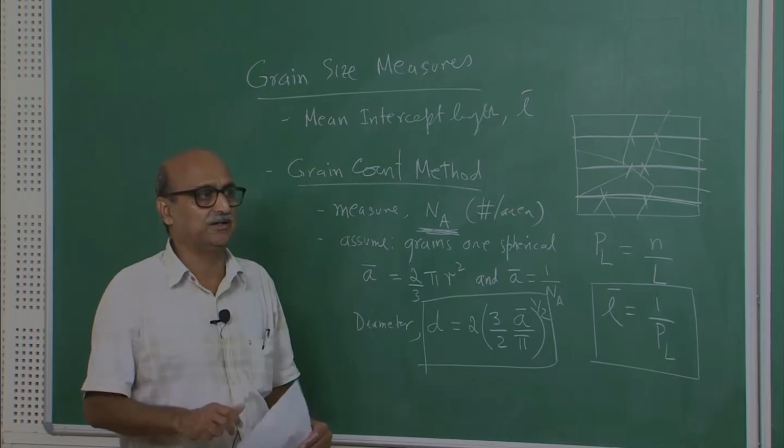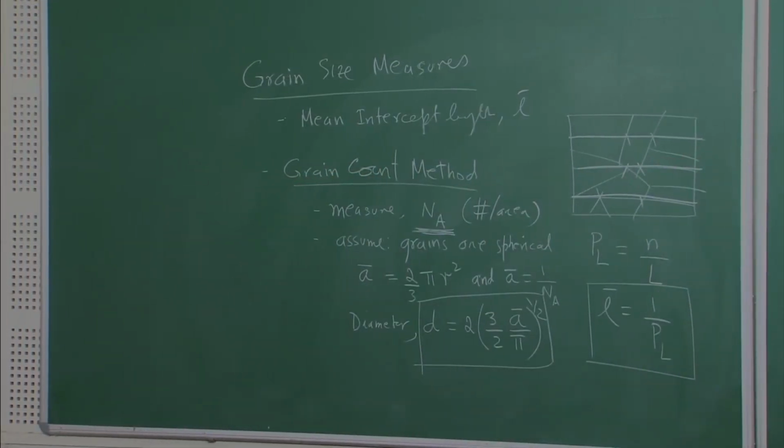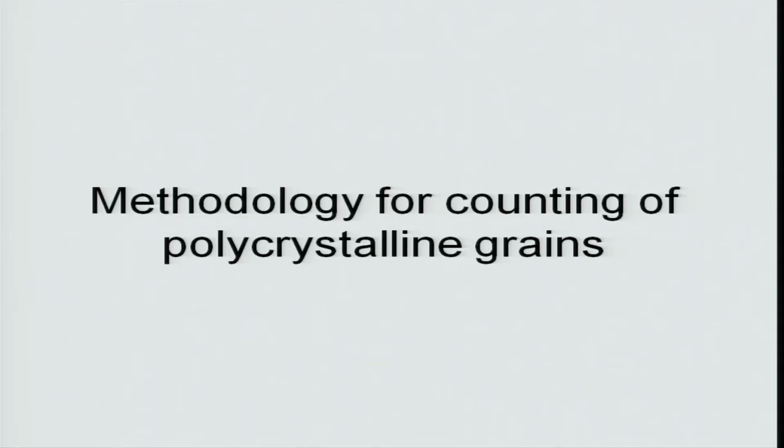And to do that, I will just briefly take you through a methodology for counting of polycrystalline grains, for example, to begin with, and then we will also have a look at a similar methodology for counting of particles. So, methodology of counting of polycrystalline grains, let us take a look at it.